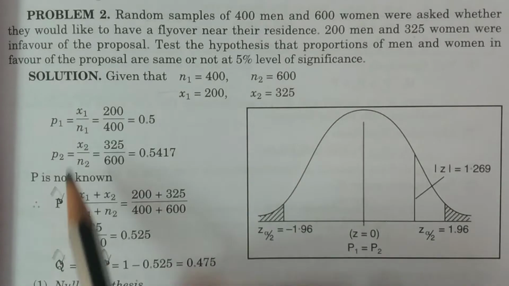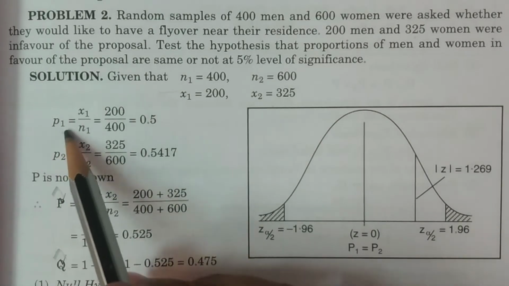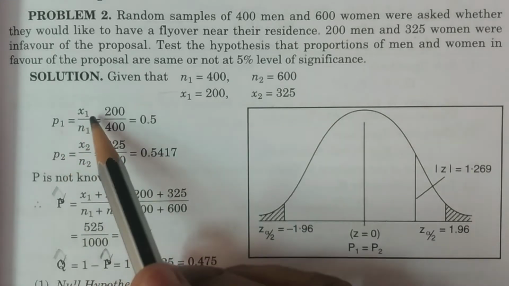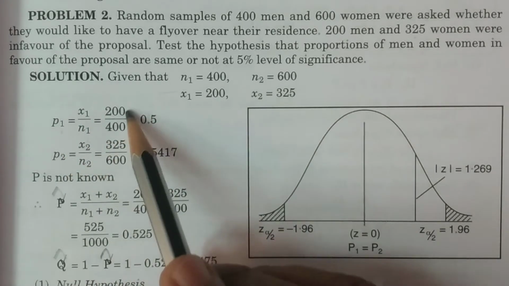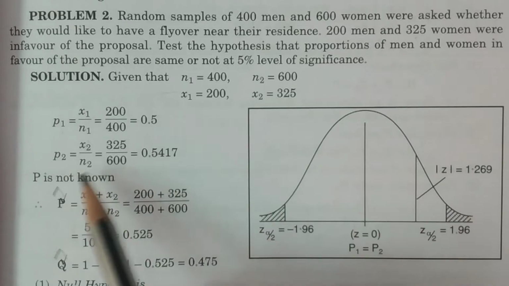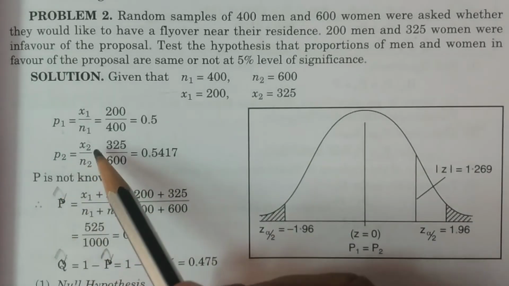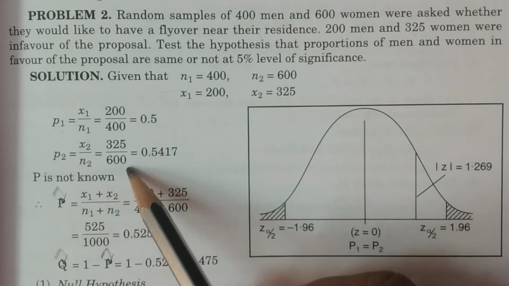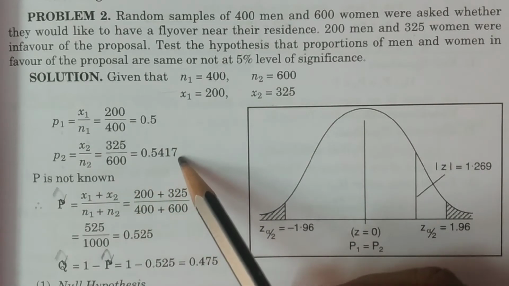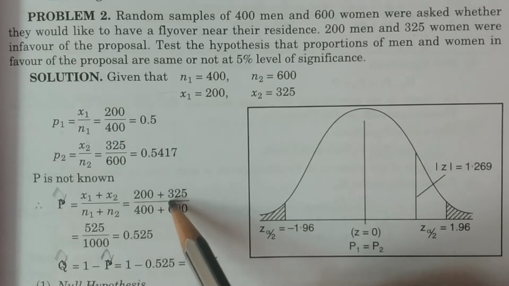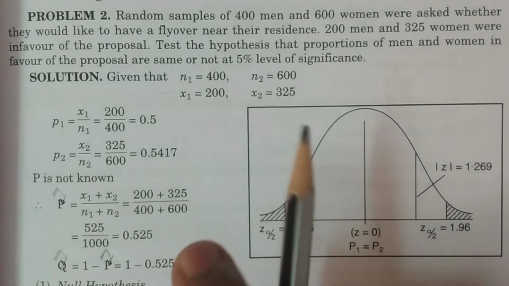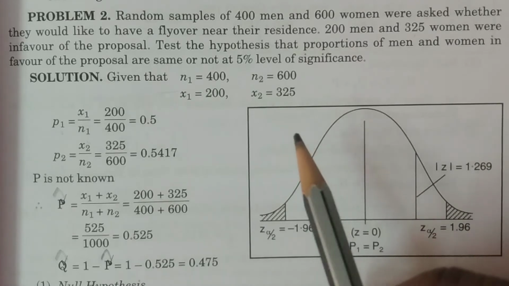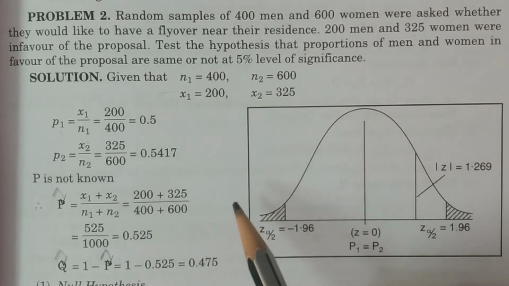I'll tell you. What is p1? Small p1, the first sample proportion, is x1 by n1, 200 by 400, which is 0.5. Similarly, small p2 is x2 by n2, 325 by 600, which is 0.5417. Now, I have mentioned that there are two cases: capital P is known and capital P is not known.